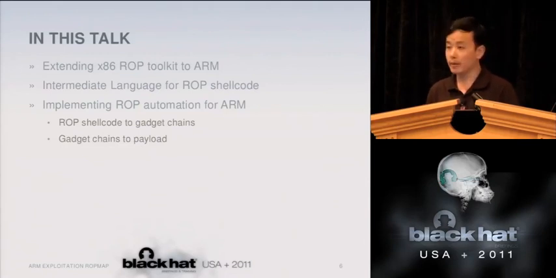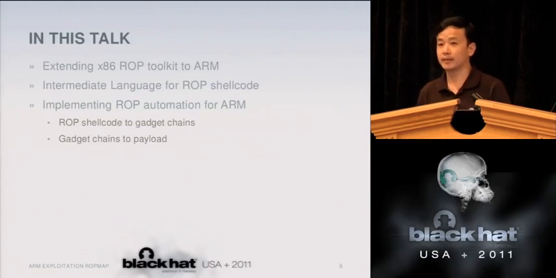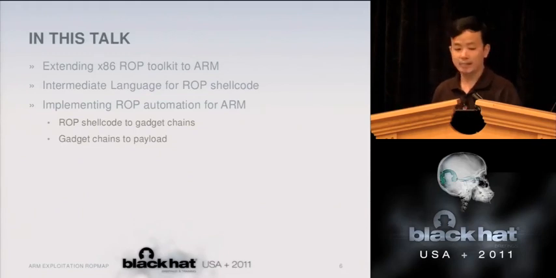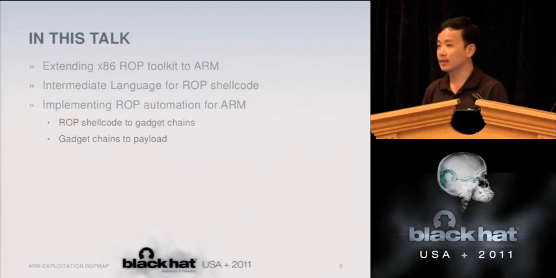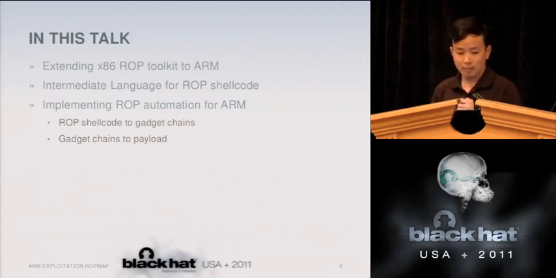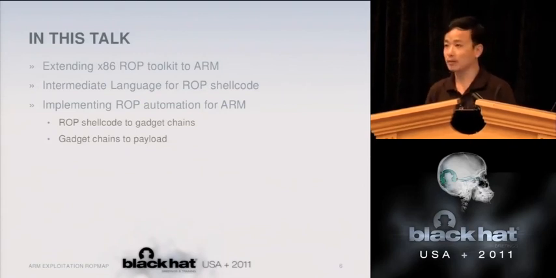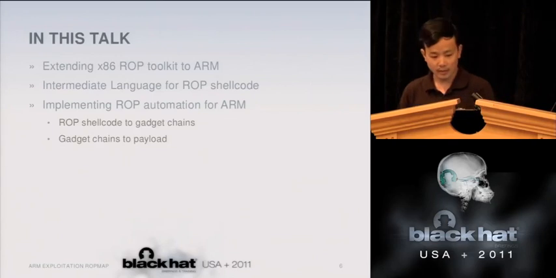And the third one, we will show an implementation. We can call it a ROP assembler, to assemble the ROP shellcode to the payload. And that is one of our implementations. From what we presented here, you can build your own toolkit.